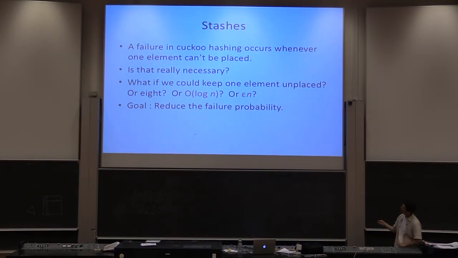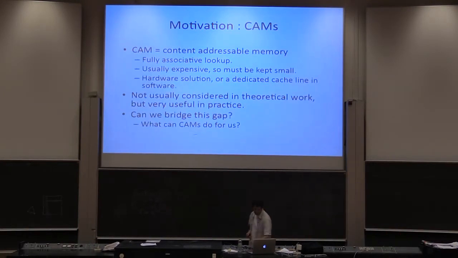Well, what if we could keep that item off to the side? What if we could keep just one element off to the side, or 8, or logarithmically many, or maybe even a very small constant fraction? Is that useful for reducing the failure probability?